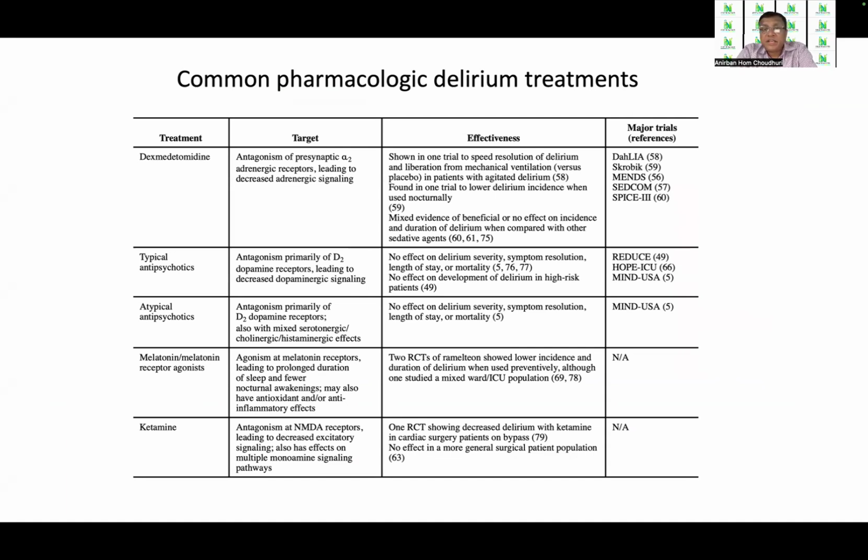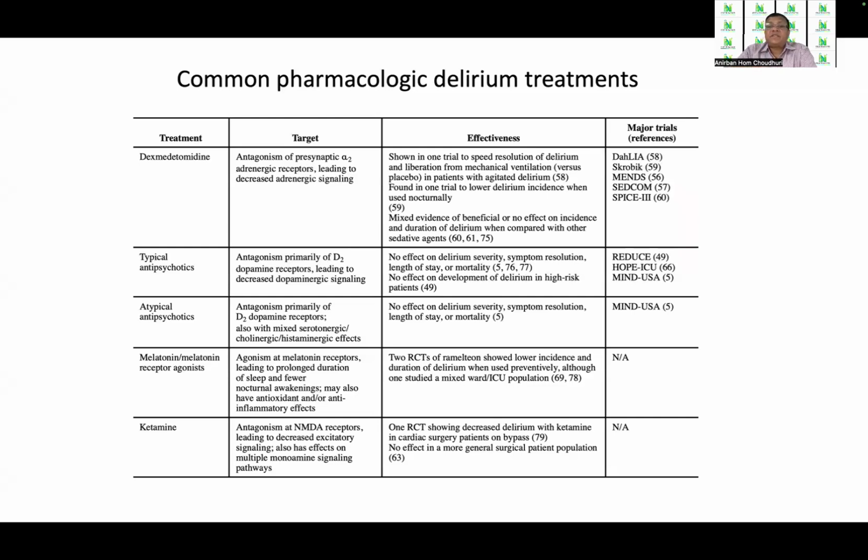This is for dexmedetomidine. However, for typical antipsychotics like haloperidol, the primary target is the D2 dopaminergic receptors, leading to decreased dopaminergic signaling. They have no effect on delirium severity, symptom resolution, length of stay, or mortality.